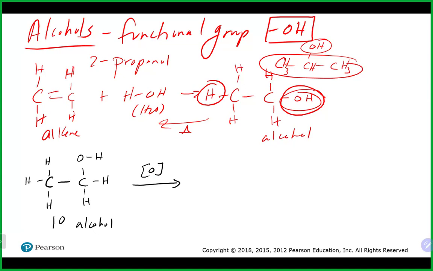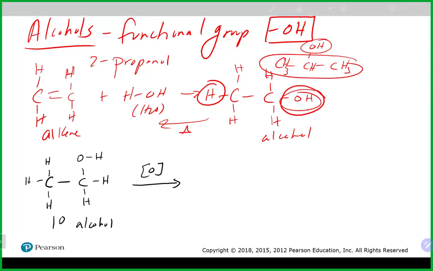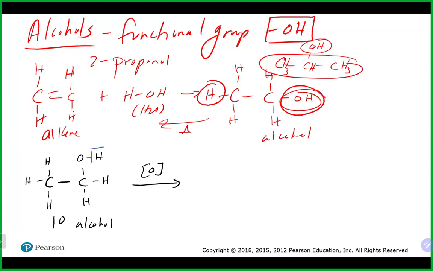Remember that when we have an alcohol, the way that we lose the hydrogen is we always take one from the OH, and we also take a hydrogen from the carbon that's attached to the OH. That's going to give us the H2 that comes off, and that's your definition of oxidation.